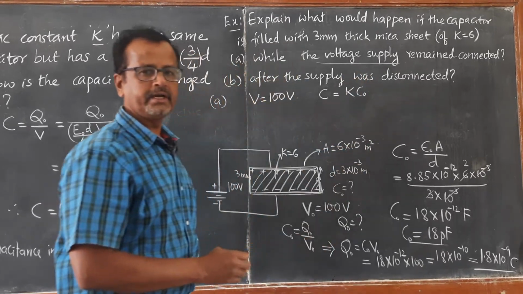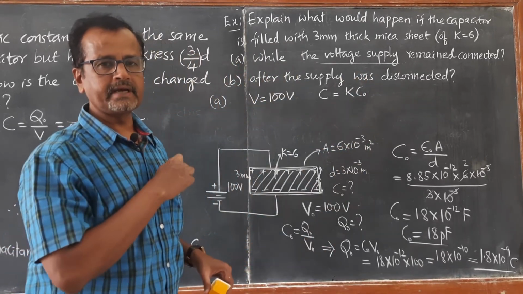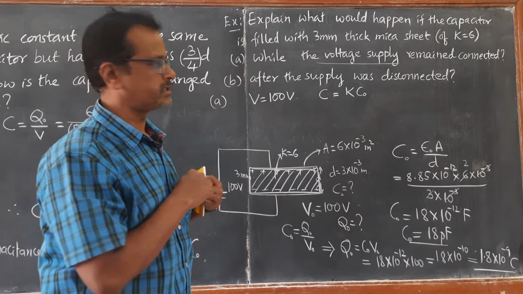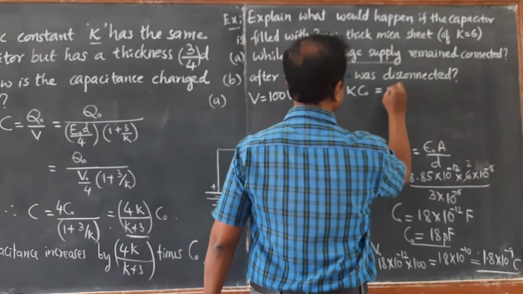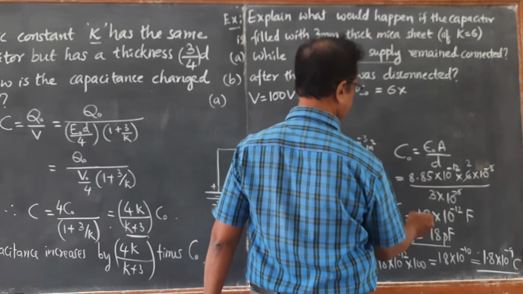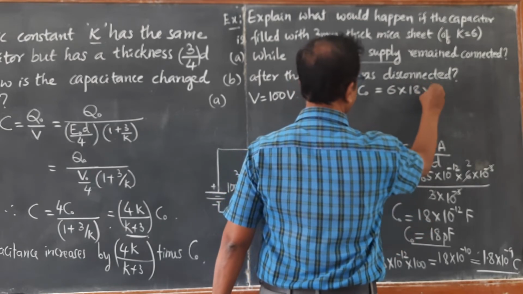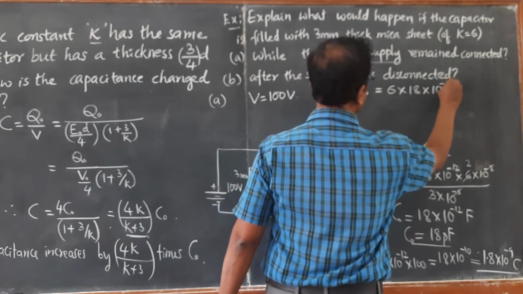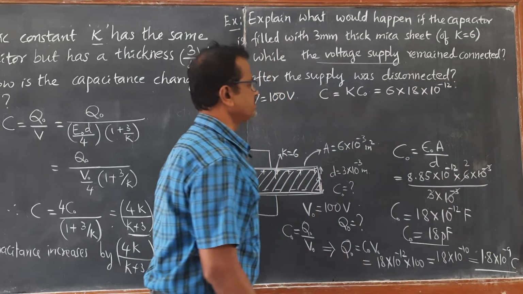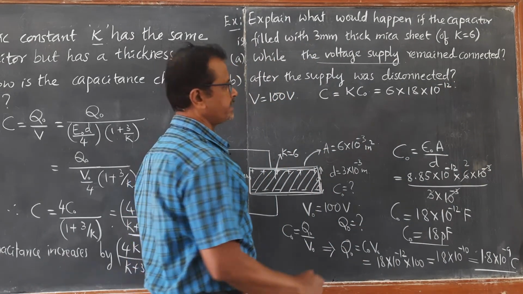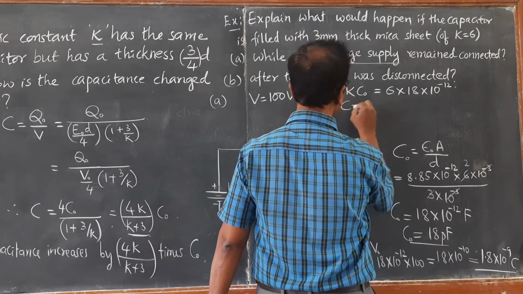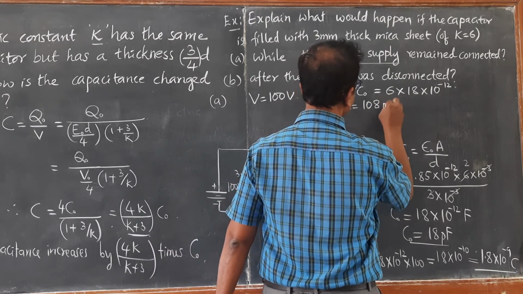This is what we have already derived, where K is the dielectric constant. So if you take 6 into C naught, and C naught is 18 picofarad, that is 10 to the power of minus 12 farad, it becomes 108 picofarad. Thus C becomes equal to 108 picofarad.